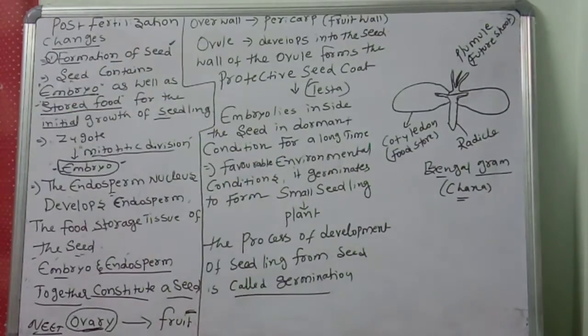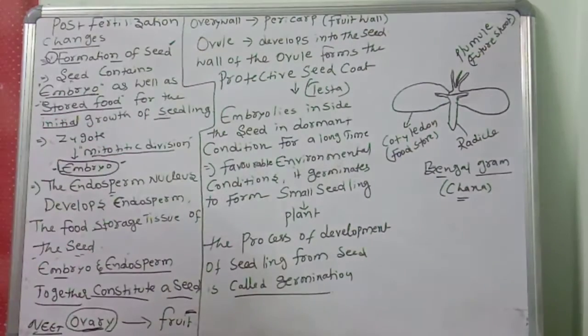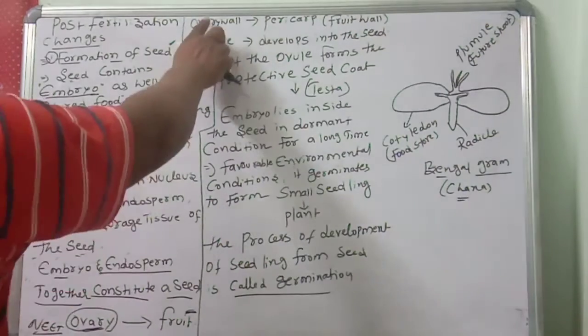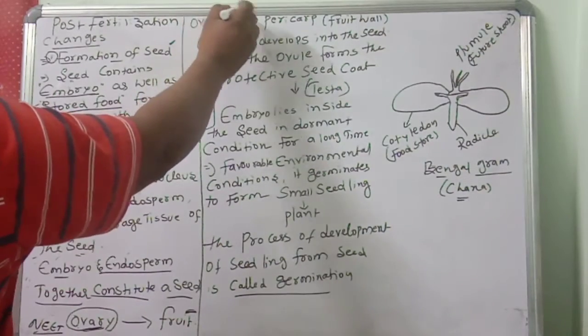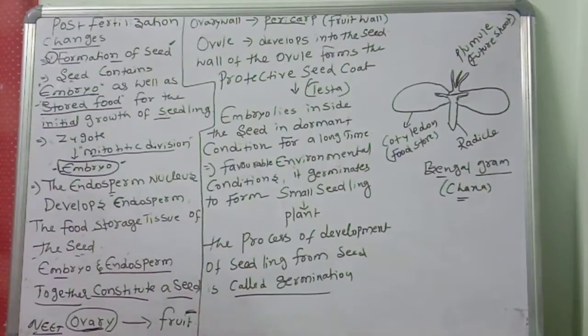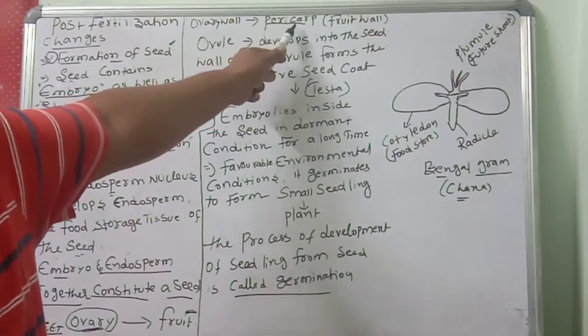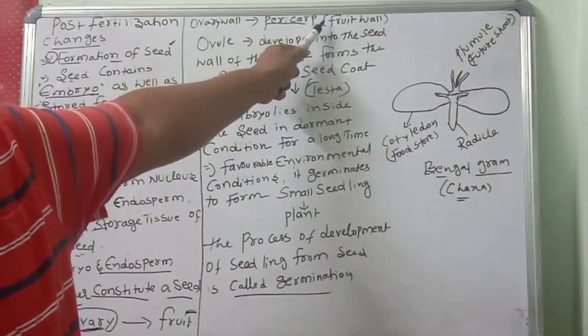Very important point from the NEET point of view. Then the ovary wall converts into the pericarp. Pericarp, mesocarp, endocarp are the parts of the fruit. So pericarp is nothing but the fruit wall. The ovary wall is converted into pericarp, the fruit wall.